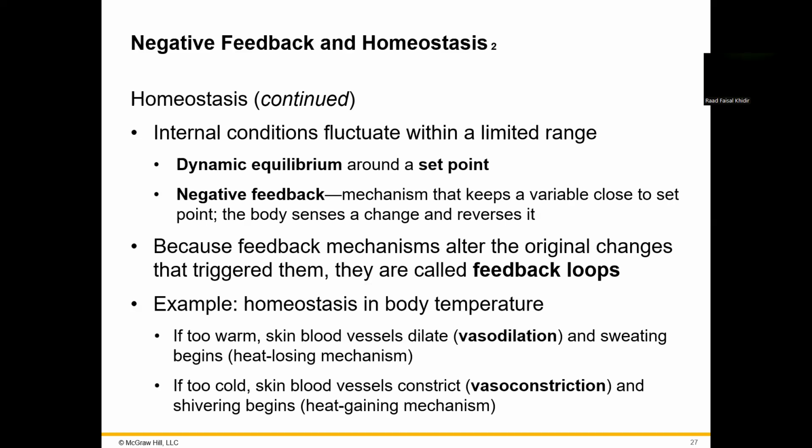Breast milk. When the baby is suckling the breast milk, irritating the nipple, nerve ending. So the more the baby irritates the nipple, the more milk comes out. That's positive feedback. So we use positive feedback for the birth and for the suckling of breast milk. And what else? What about platelets? The Band-Aid.